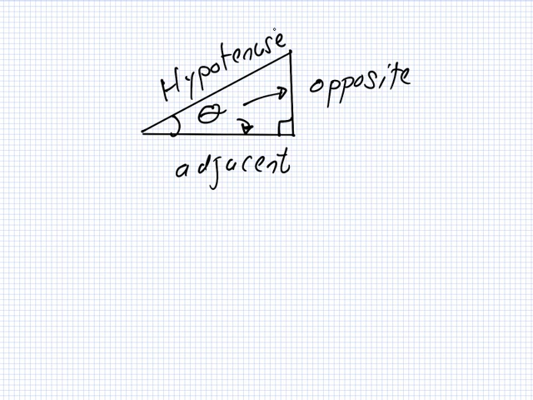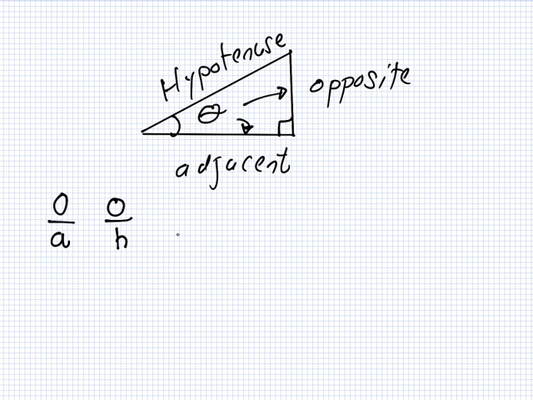If you have 3 sides, there's actually 9 different ways to compare 2 of the sides. So for example, you could compare the opposite with the adjacent, compare the opposite with the hypotenuse, and you could compare the opposite with the opposite.